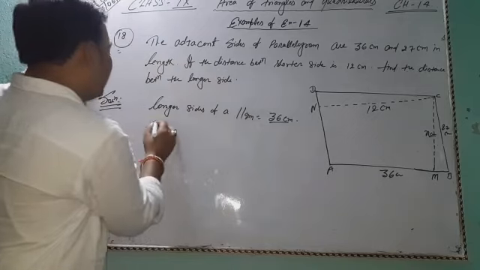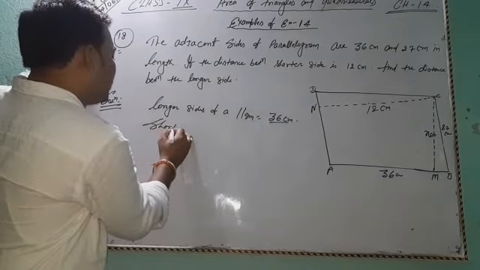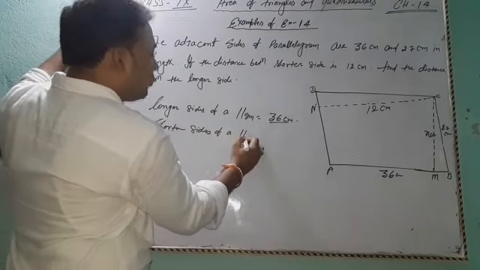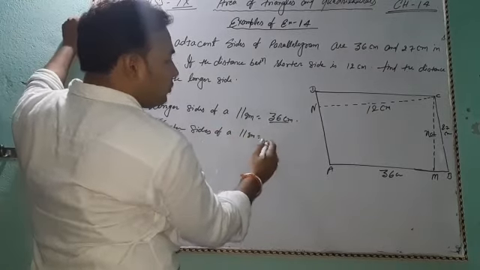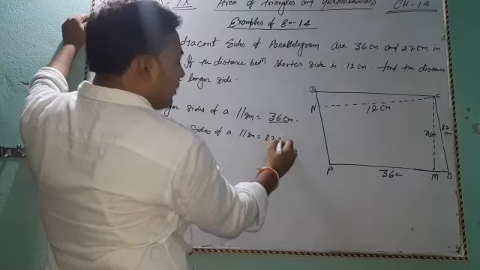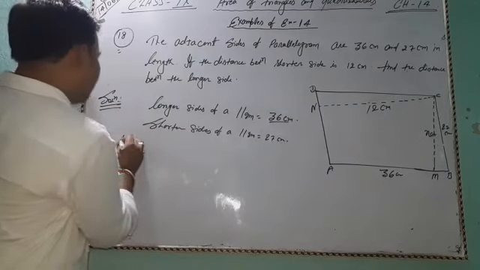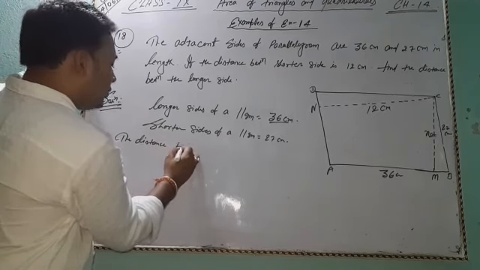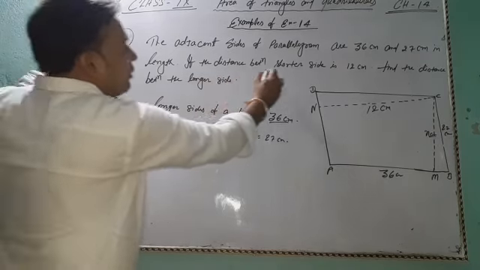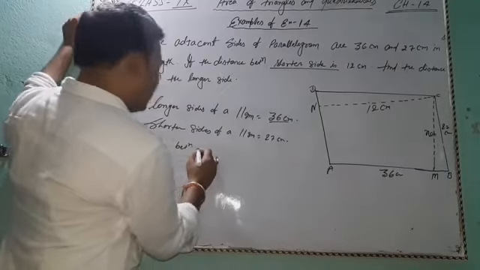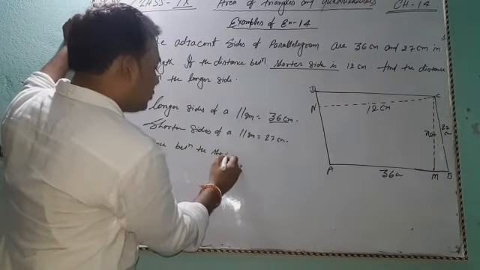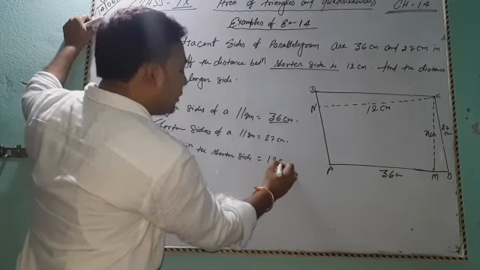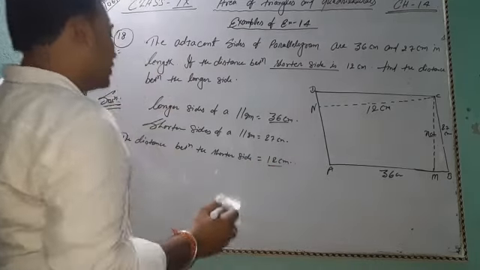Okay, and the shorter sides of a parallelogram equal to 27 centimeter. The distance between the shorter side equal to 12 centimeter.